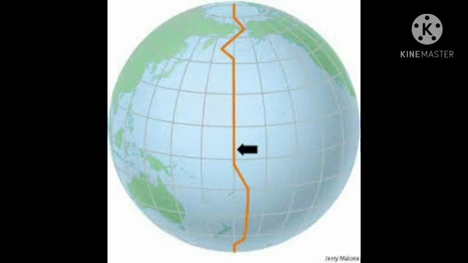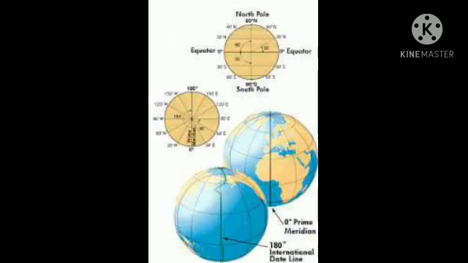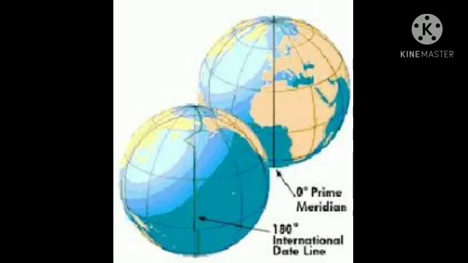It is known as the date line. The important meridians are the prime meridian, that is 0 degree longitude, and opposite to it, the international date line, 180 degrees east or 180 degrees west.